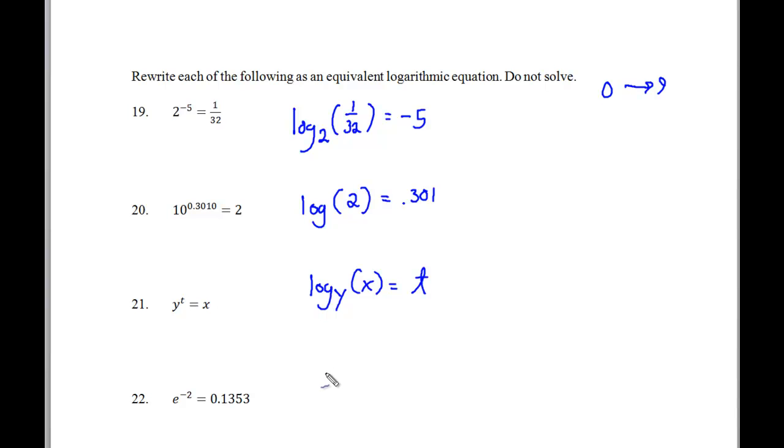All right, now this is an interesting one. This is log base e. Now e is a special number that we're going to investigate in a future section. What this tells me is that if I take e and raise it to the negative second power, I get this decimal, 1,353 ten-thousandths.